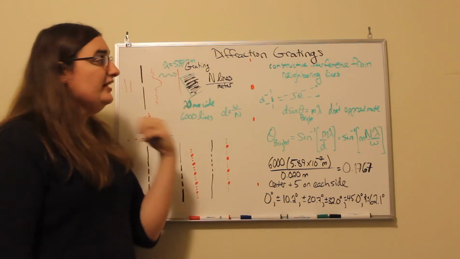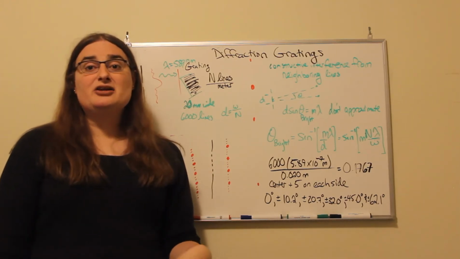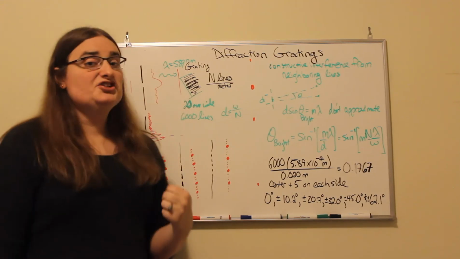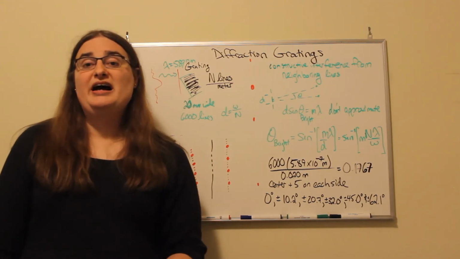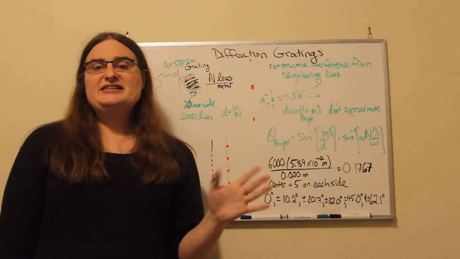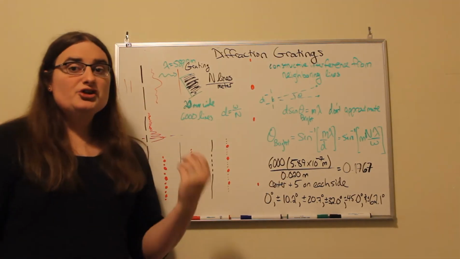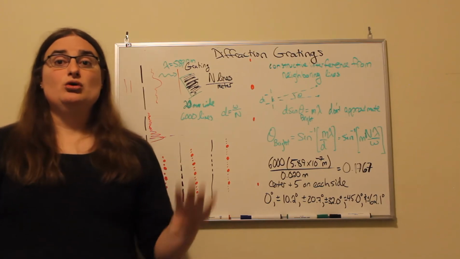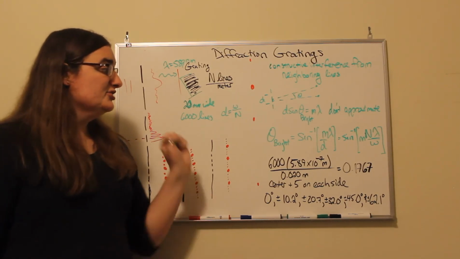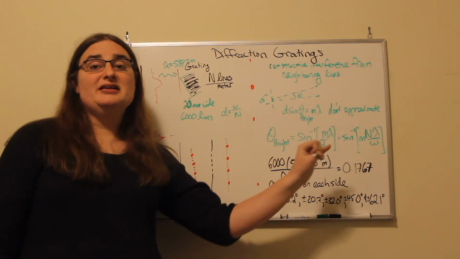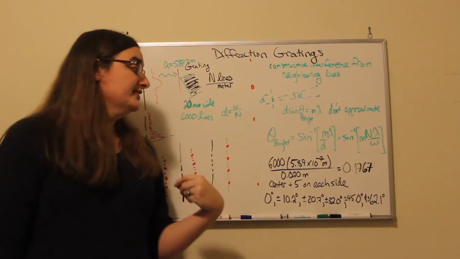So say we're shining 589 nanometer light on a diffraction grating that's 20 millimeters wide and has 6,000 lined openings in that 20 millimeters. So the first thing that I like to do when I'm solving for these angles is I take a look at the argument that's going to be inside my arc sine.